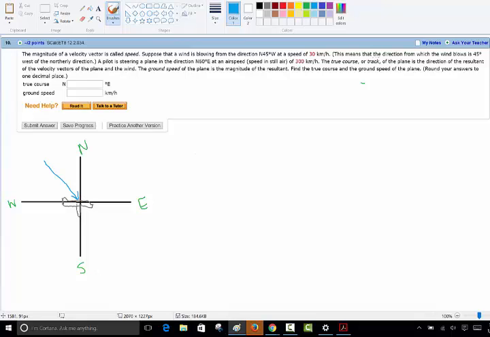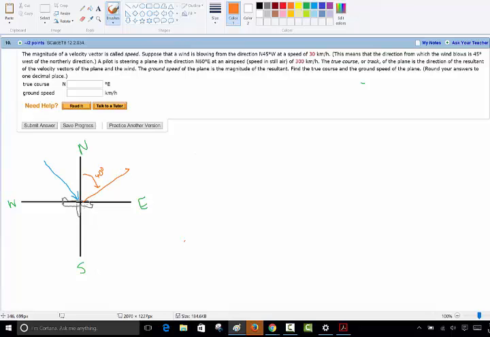And a pilot is steering a plane, so okay, I don't have it heading the right way, in the direction north 60 degrees east. So that means it's 60 degrees east of north. So he's steering the plane 60 degrees east of north. So he's heading this way.